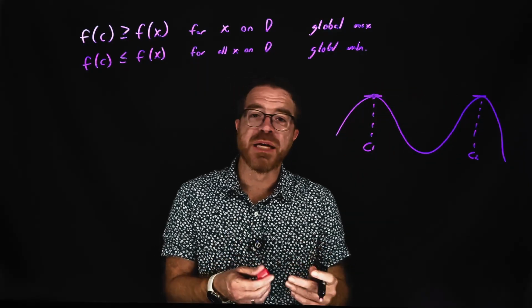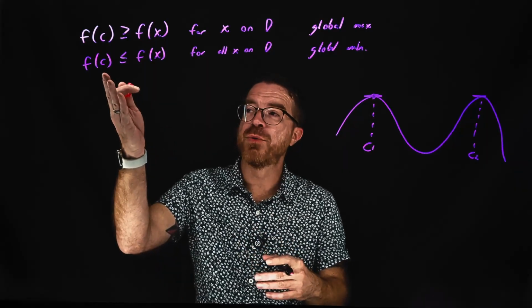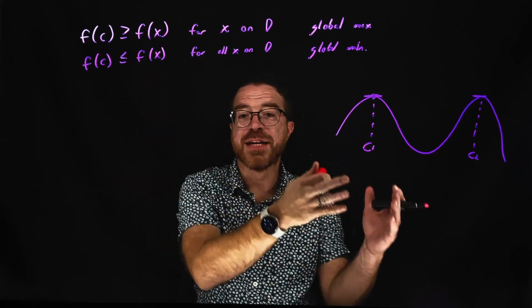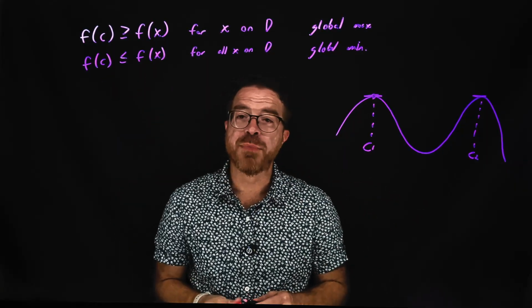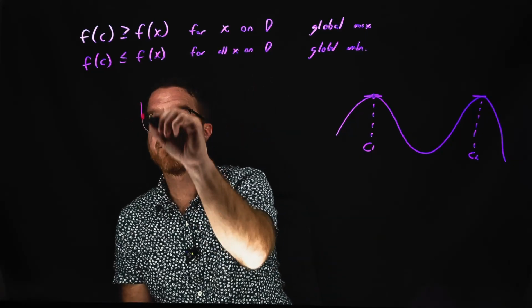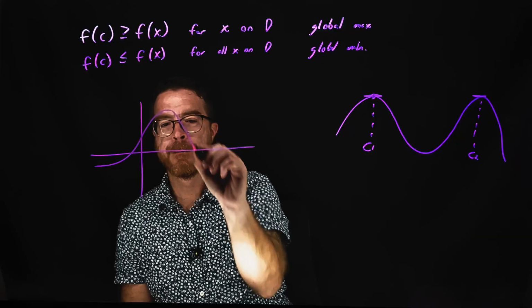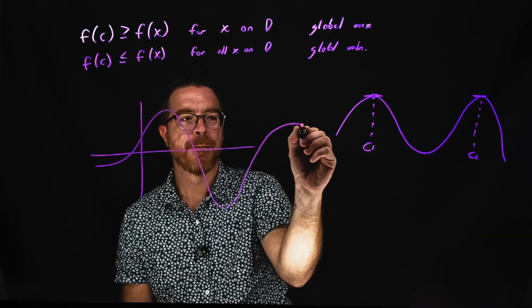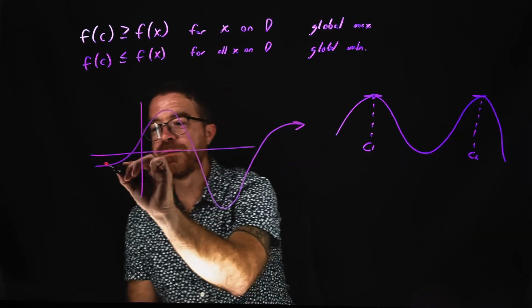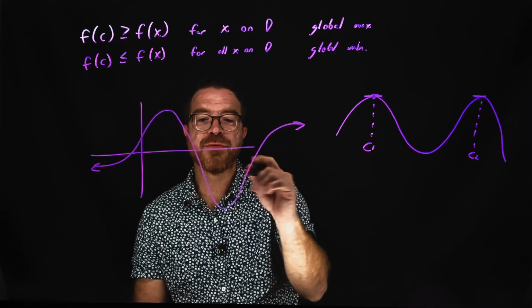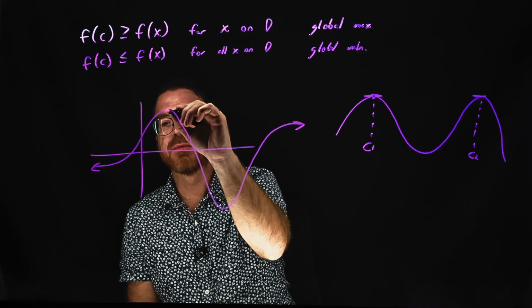Same thing with minimum. If it is less than or equal to any value of f(x) on that domain D, then it is a global minimum. So for example, if we have some graph that looks something like this, we have multiple maximums and minimums we could look at.